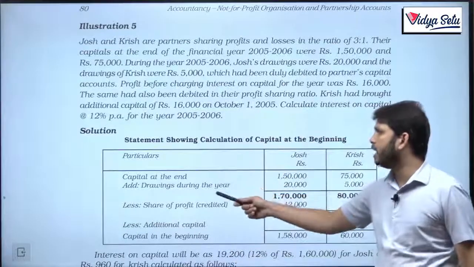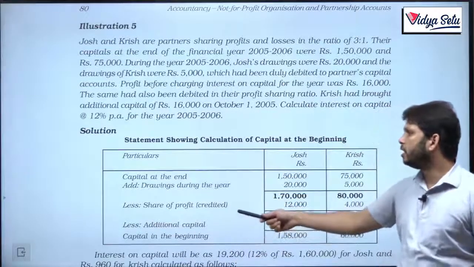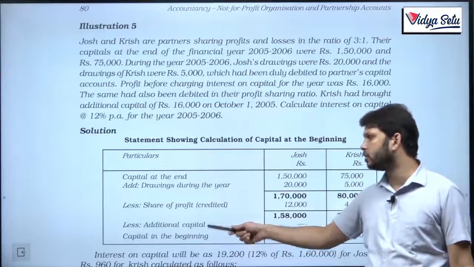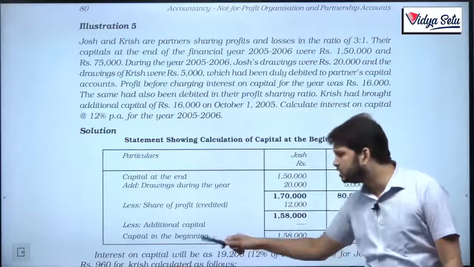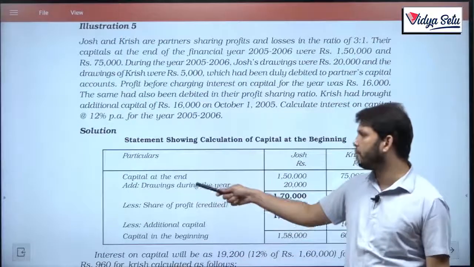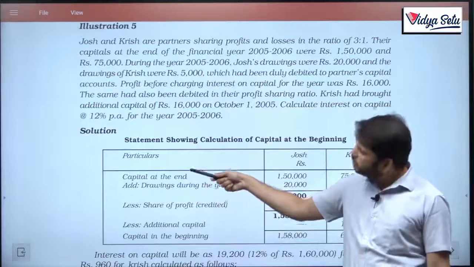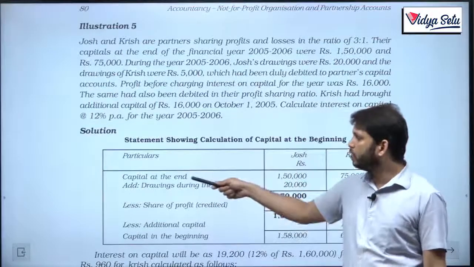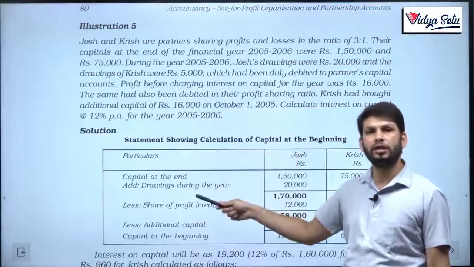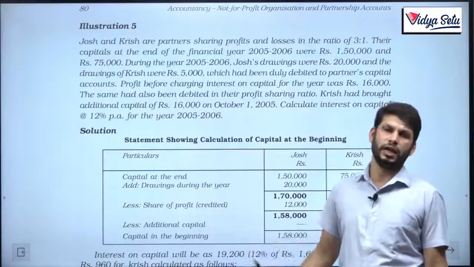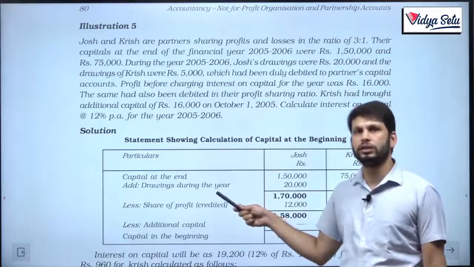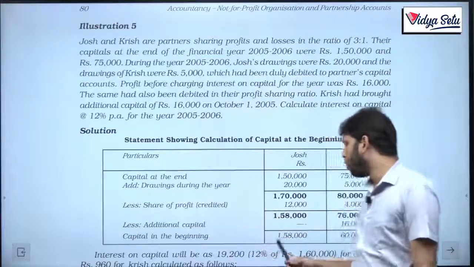Opening capital plus additional capital plus profit minus drawings equals closing. From closing, if we want to get opening, we'll add the drawings and reduce the profits and additional capital. Had it been a loss, we would have added the loss instead of subtracting, because we need opening capital.